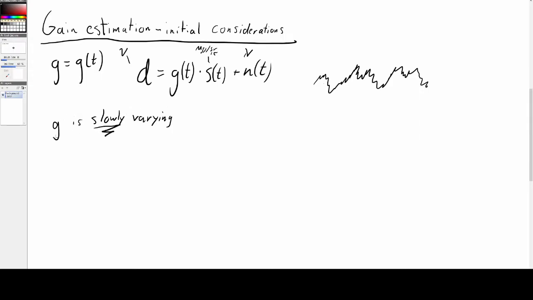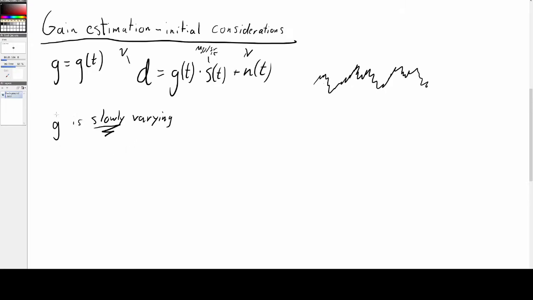What slowly means here is something that can vary from experiment to experiment. So what we are assuming is that the gain is varying on scales that are longer than typical noise fluctuations. And this turns out to be not such a bad assumption.